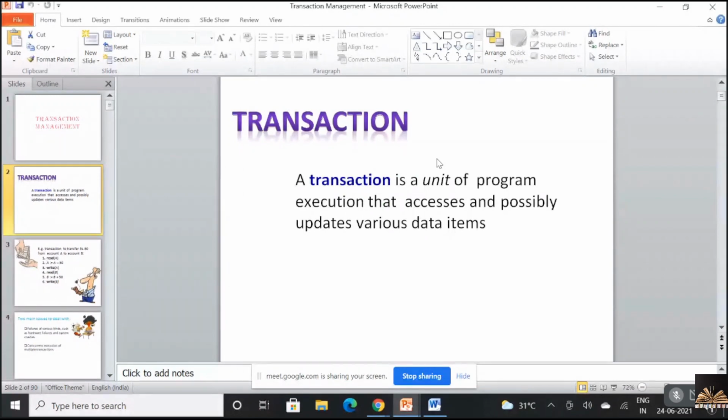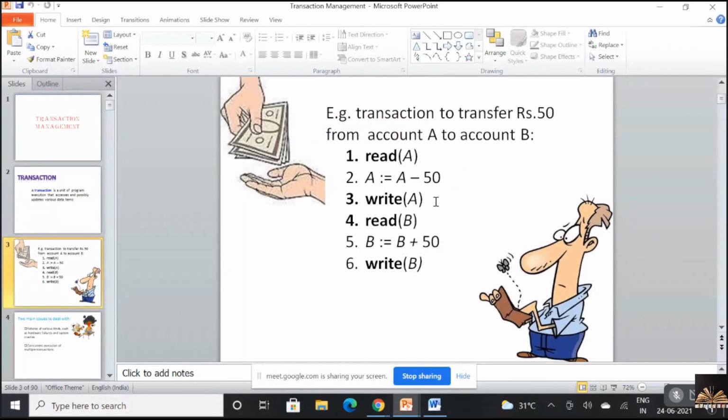I'll just give you an example of a small banking example, ma. Banking transaction. See, a transaction to transfer rupees 50 from account A to account B. Before I actually start transferring rupees 50 from account A, I have to see whether I have got that 50 rupees or not.